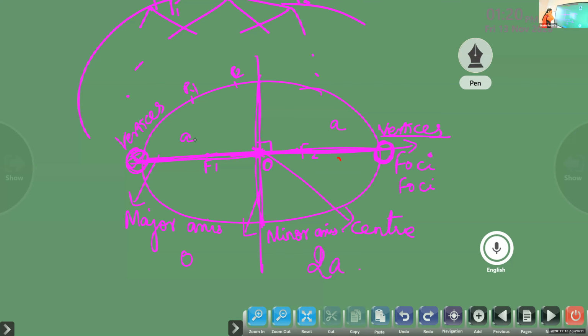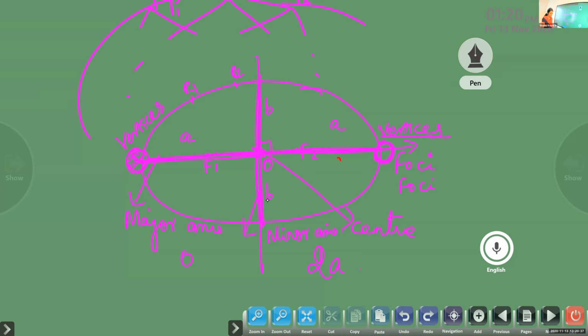We take the length of the minor axis as 2b. So on one side it will be b, and on the other side also b. That is the notation we are using: length of the major axis 2a and length of the minor axis 2b.